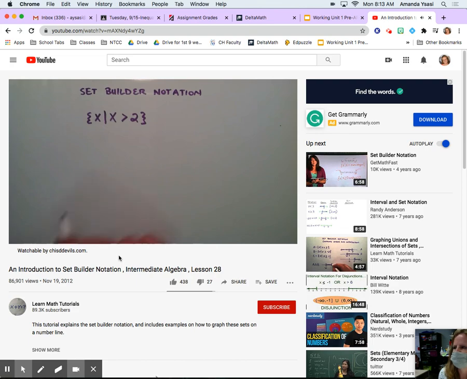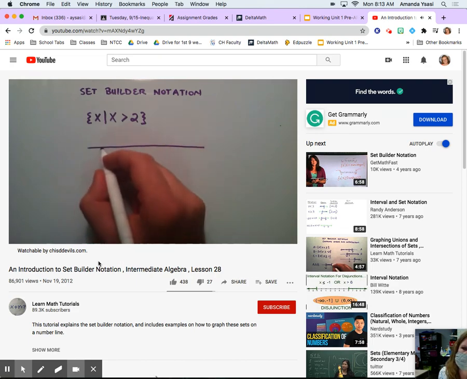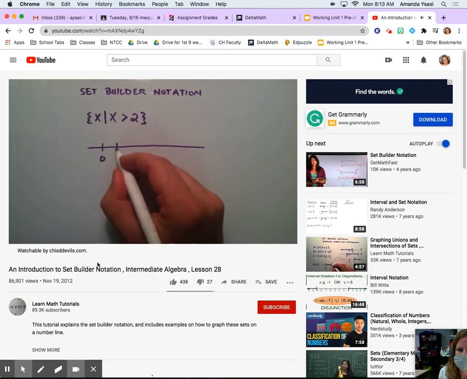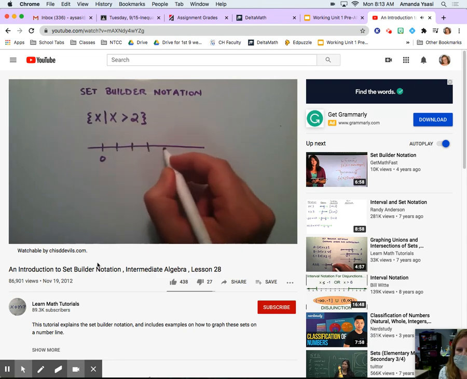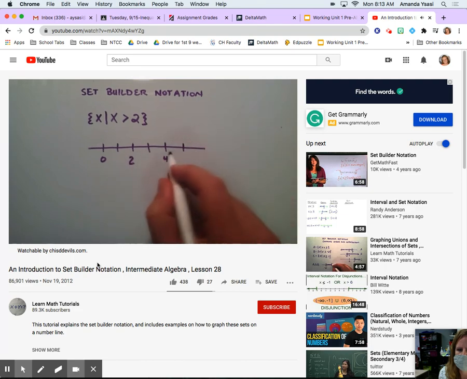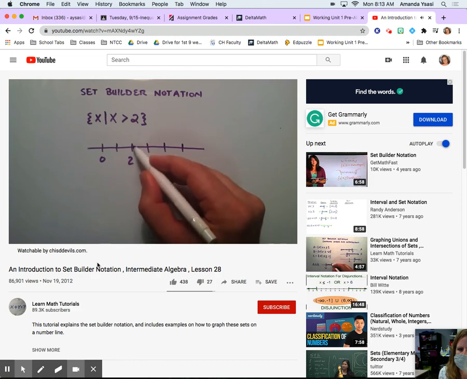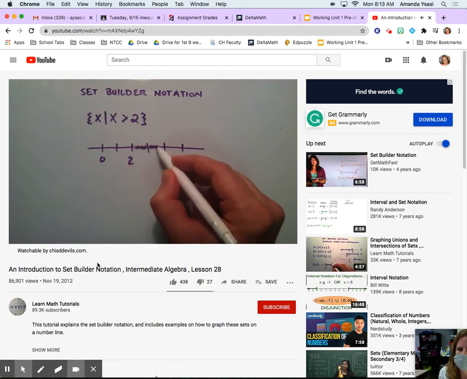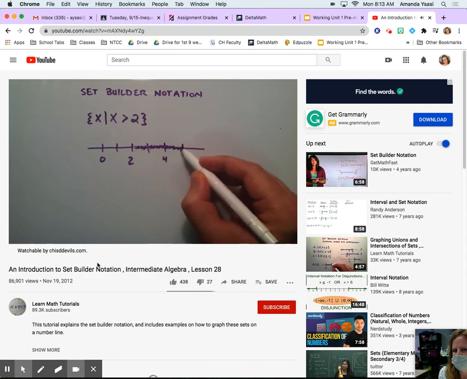So if we were to draw this on a number line, we put the number 0 here, the number 1, 2, 3, 4, and this just keeps on going off into positive infinity. Then the first step we would take is we would shade in all of the values that are greater than the value 2.